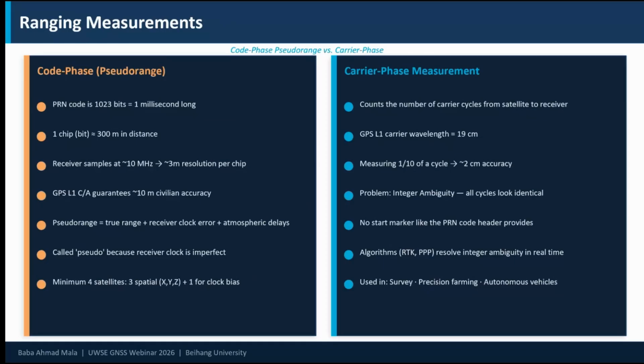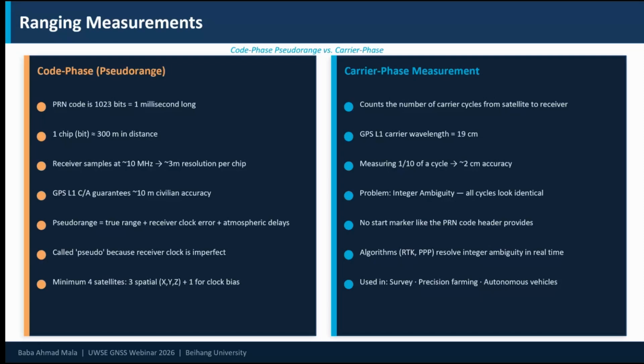For pseudo-range measurements, we have the code phase, as we discussed earlier, and then the carrier phase. This is the difference between the code phase and the carrier phase. In code phase, the PRN code is always 1023 bits, which equals 1 millisecond.